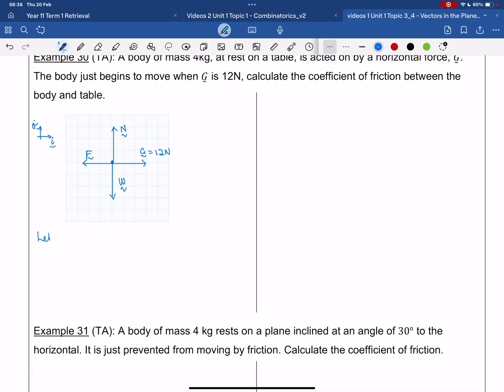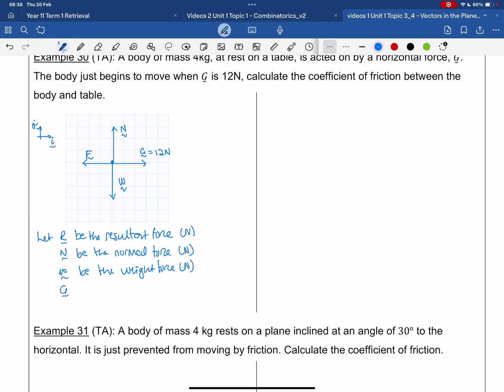All right, let's define all of our variables. We're going to let R be the resultant force in newtons. We're going to let N be the normal force in newtons. We'll let W be the weight force in newtons.